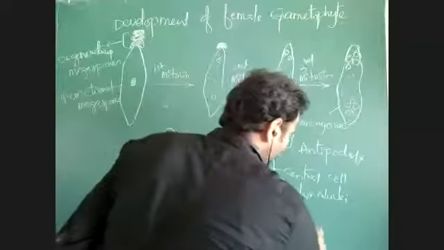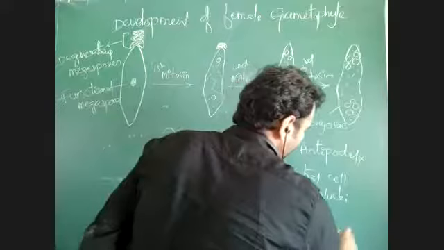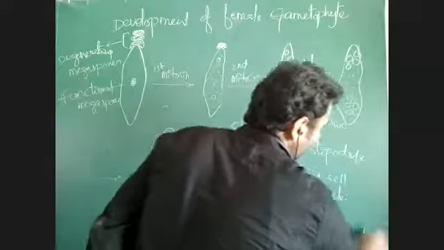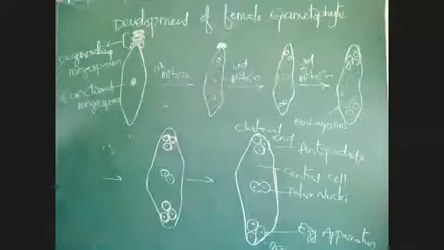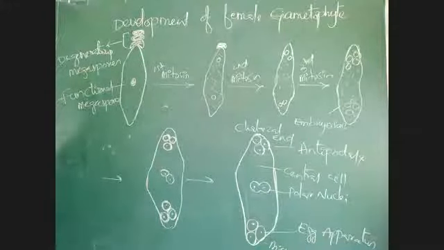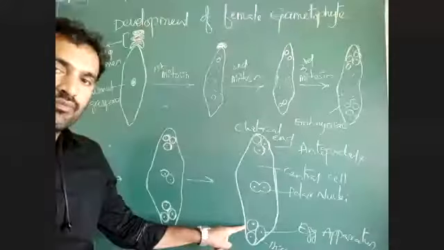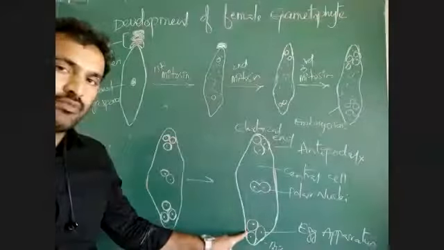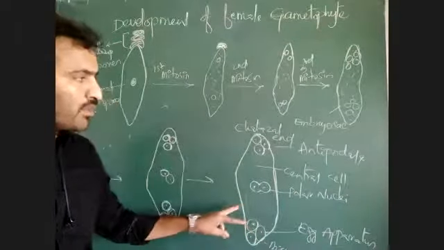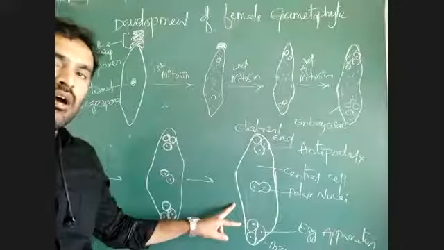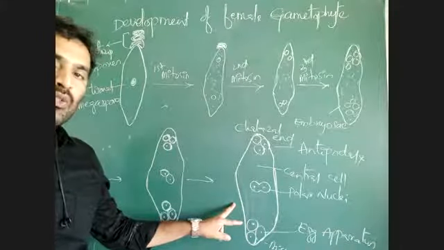They develop into the egg apparatus. That egg apparatus has the egg cell or female gamete. Now this is called the matured embryo sac or female gametophyte.